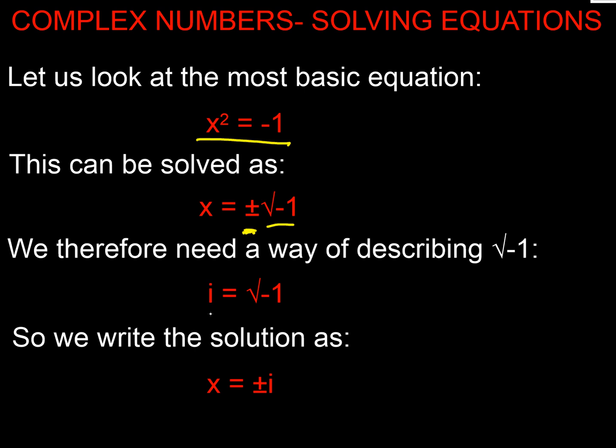We say, well, let's have a number. We're going to call it i, a bit like we call pi and e. And we're just going to say i equals the square root of minus 1. So if we just accept that on face value, we know that x equals, the answer to this question, plus or minus i.